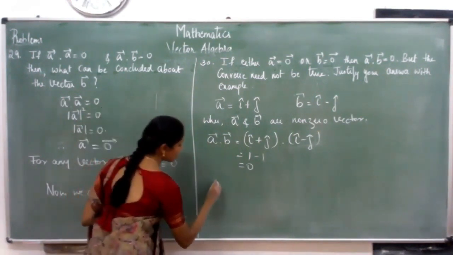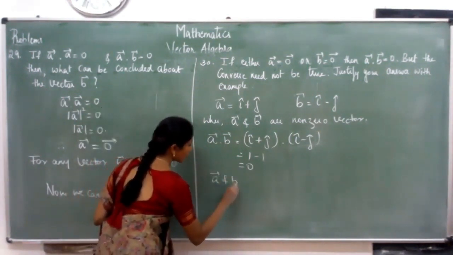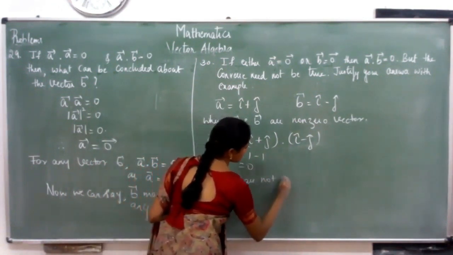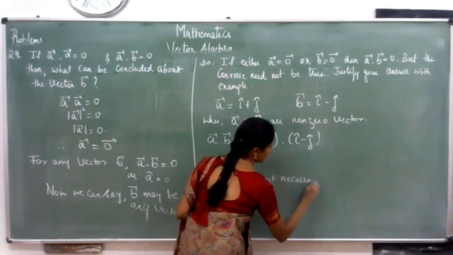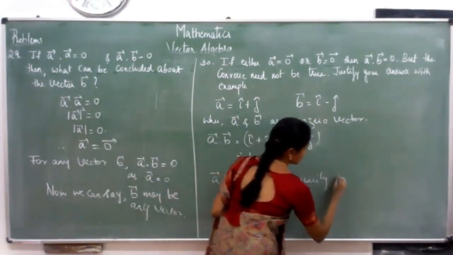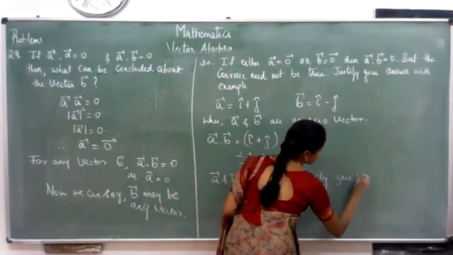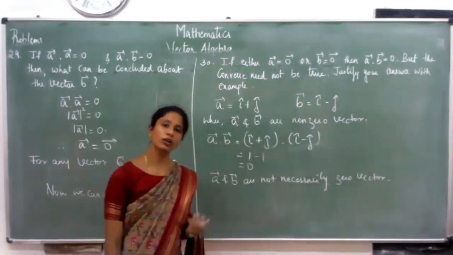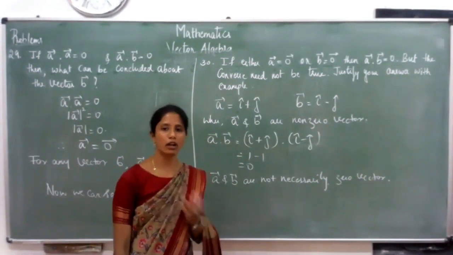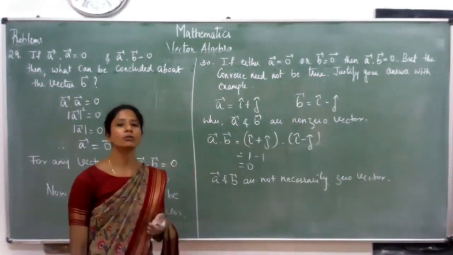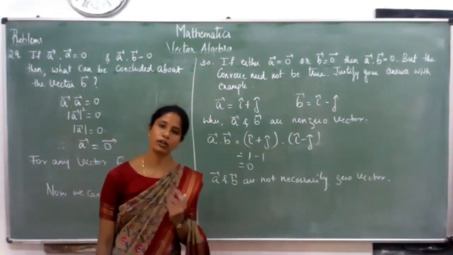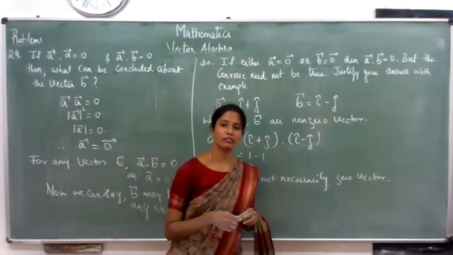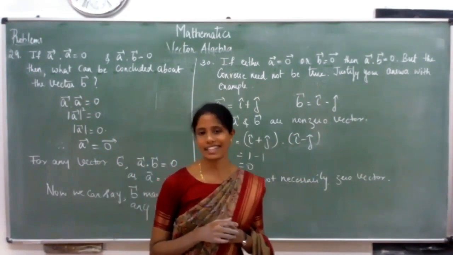So we can conclude that vector A and vector B are not necessarily 0 vectors. Okay, so even though vector A and vector B are not 0 vectors, we still have the condition where the dot product between these two vectors will be 0. With this, we have completed the problems on scalar product.